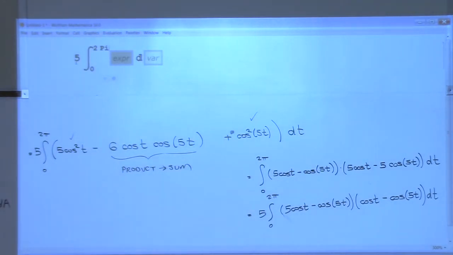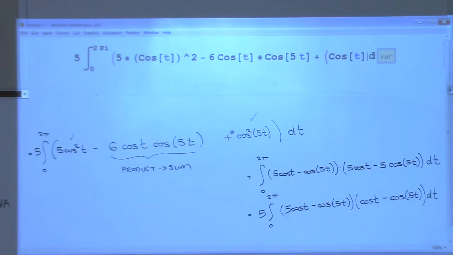So 5 times cosine t, that squared, minus 6 cosine t times cosine 5t, plus cosine of 5t squared, dt. Does that look right? Does it look like this?